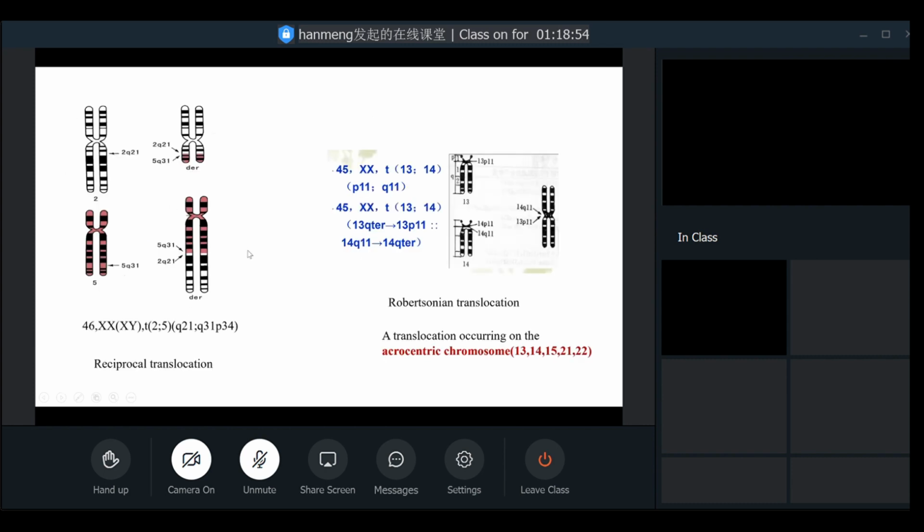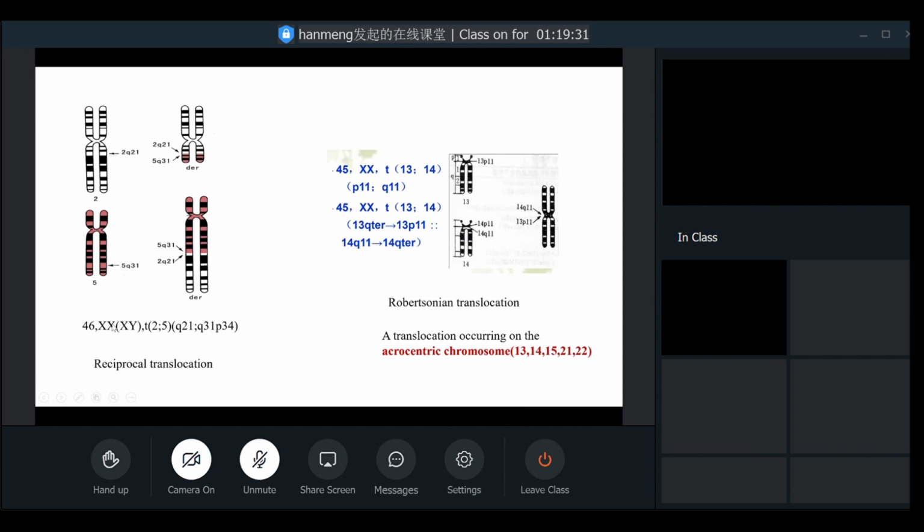Here we see an example of the reciprocal translocation. Here, from chromosome 2 Q21 and chromosome 5 Q31, finally chromosome 2 has a fragment from chromosome 5, and chromosome 5 has a fragment from chromosome 2.